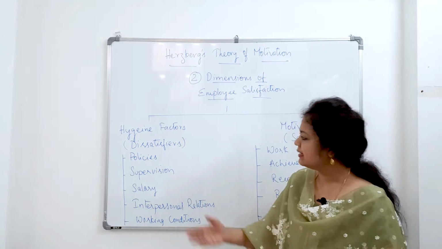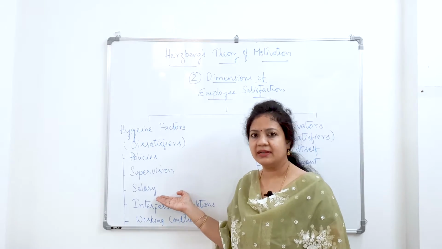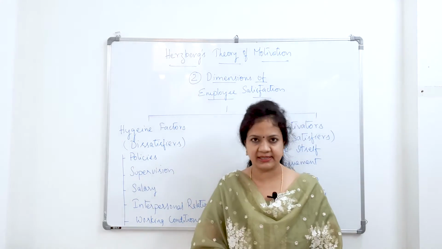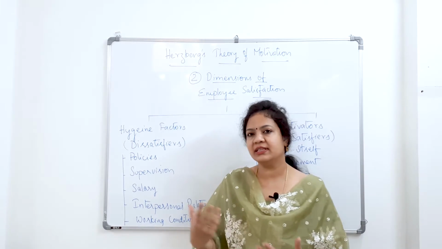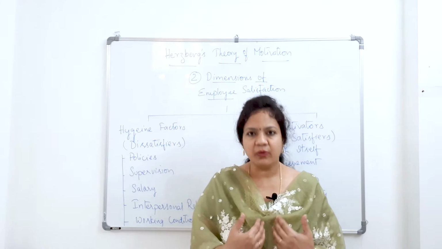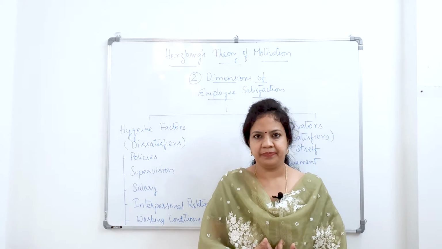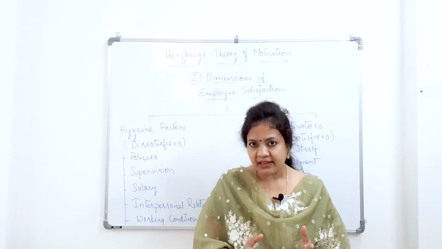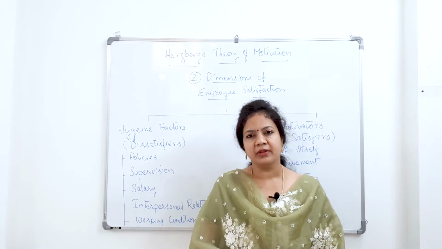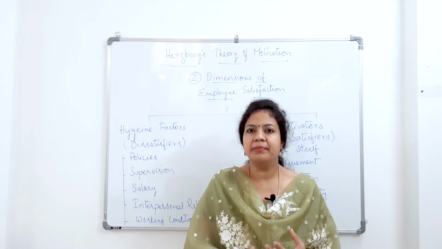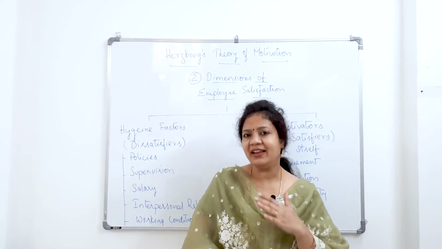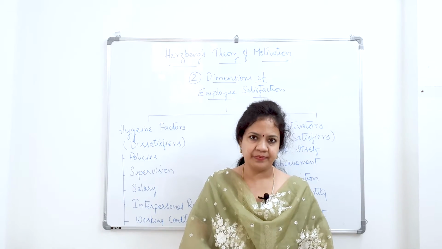And salary. Herzberg has also placed salary in hygiene factors. According to this theory, salary is like: if I work, I get paid. But if I feel I am not duly paid, or if I feel I am being treated with bias or underpaid, then I feel that dissatisfaction.